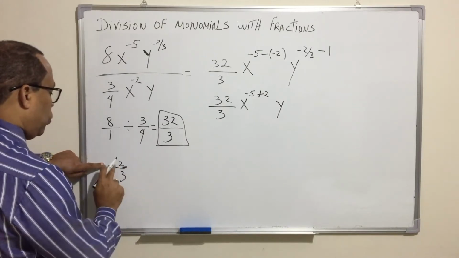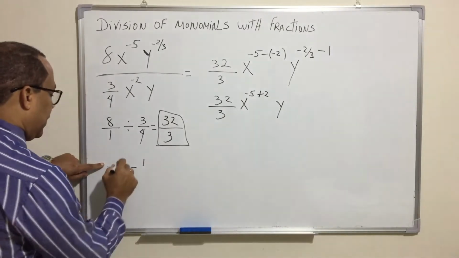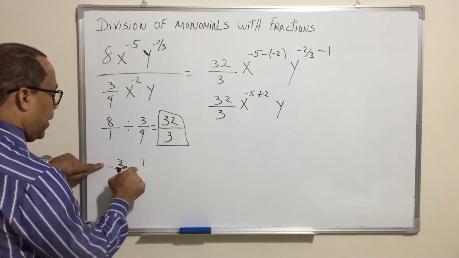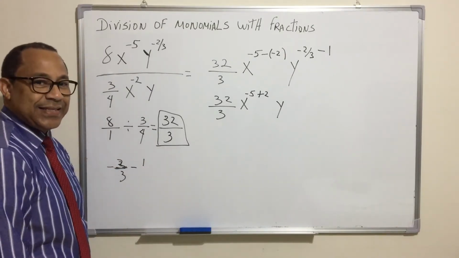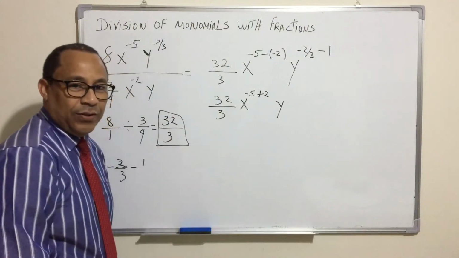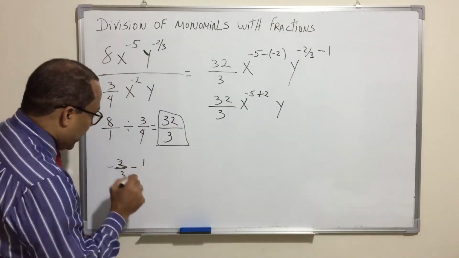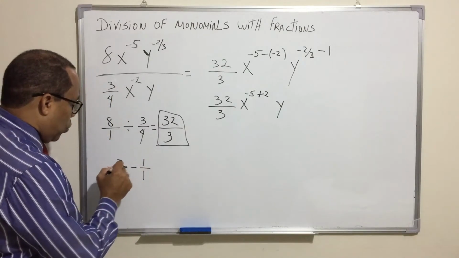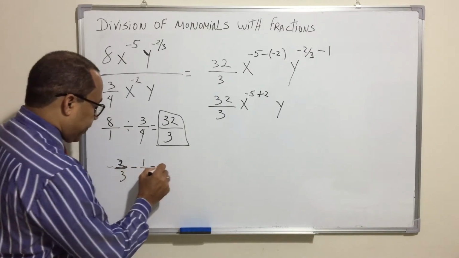negative 2/3 minus 1. But this one has a denominator as well, which is 1. So this is 1 over 1. Negative 2/3 minus 1 over 1.